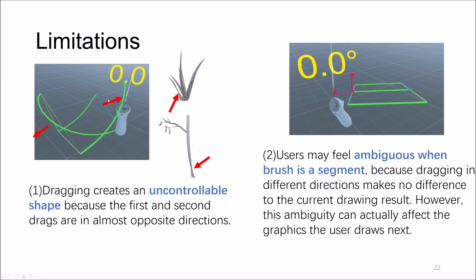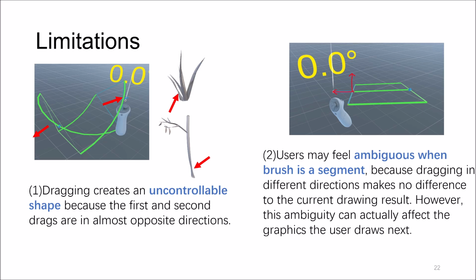However, our system also has many shortcomings and design failures. Some problems stem from the underlying representation. For example, we require the user's drag direction to be consistent along the sweep trajectory. Otherwise, an anomaly like the one shown in Figure 1 will occur.